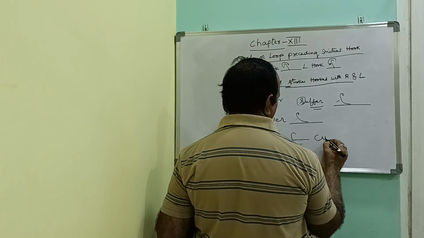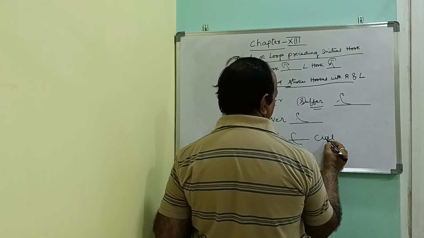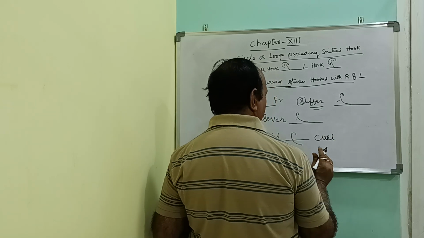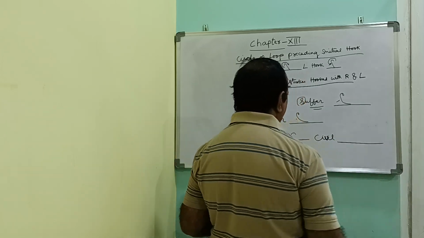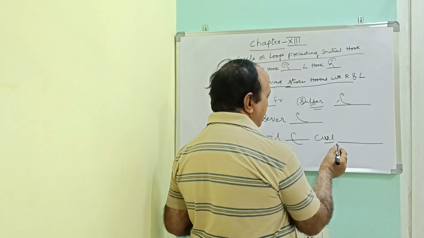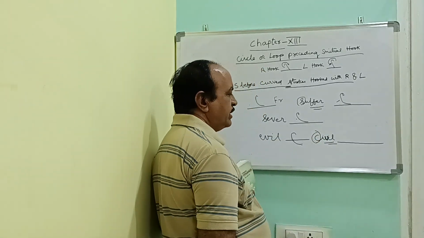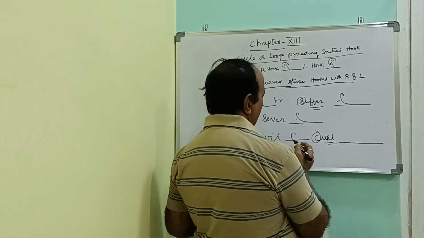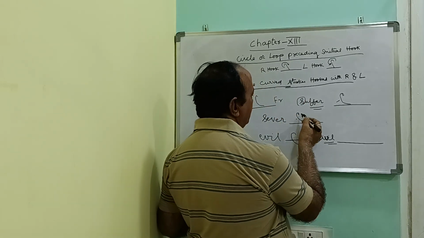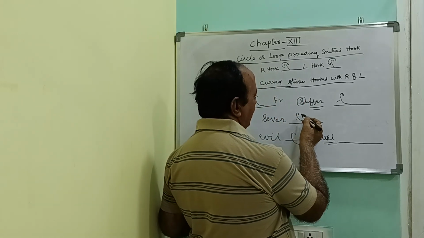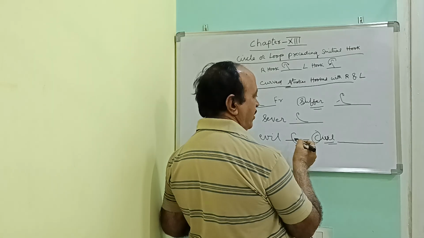Suppose C will, right? See, before this will, there is the sound of S here. How can you add this? See, a small hook initially adds the sound of R, a large hook adds the sound of L here.